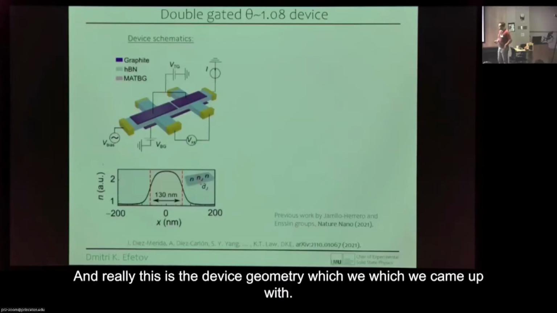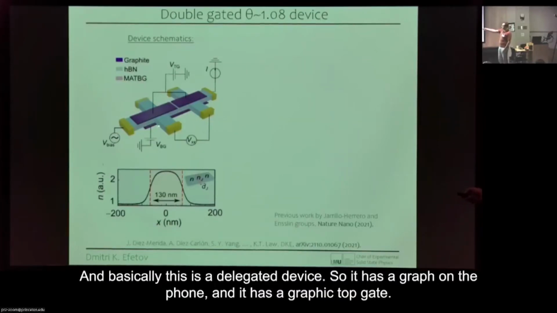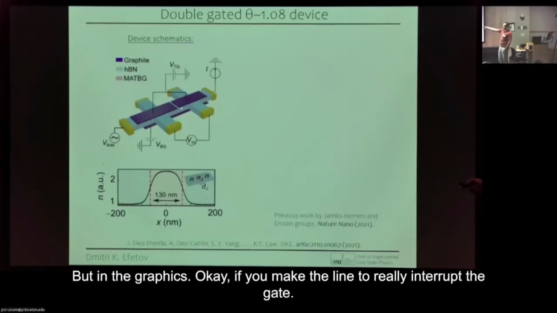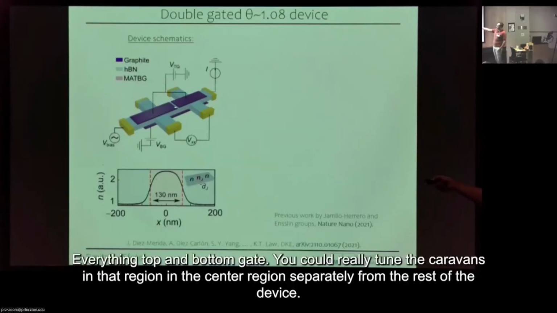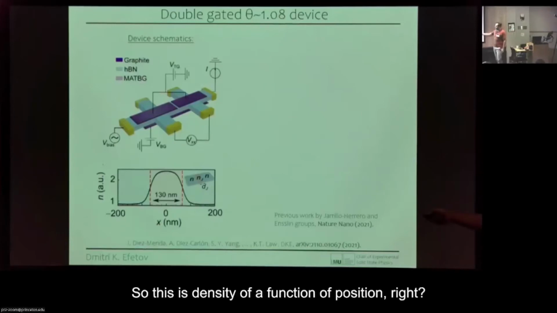But anyway, we started to do experiments before that, and this is the device geometry which we came up with. This is a double-gated device. It has a graphite bottom gate and a graphite top gate. But in the graphite top gate, we make a small line cut to interrupt the gate. By playing with the right gate voltages between top and bottom gate, you can tune the carrier density in the center region separately from the rest of the device, and create a density profile like this.